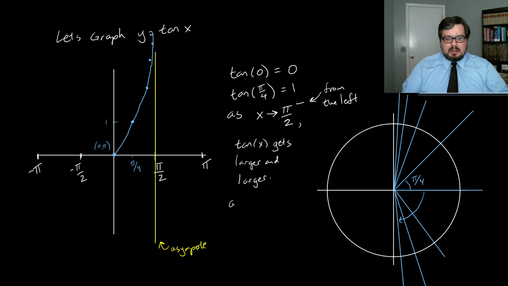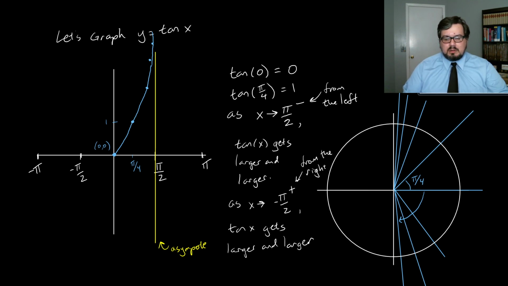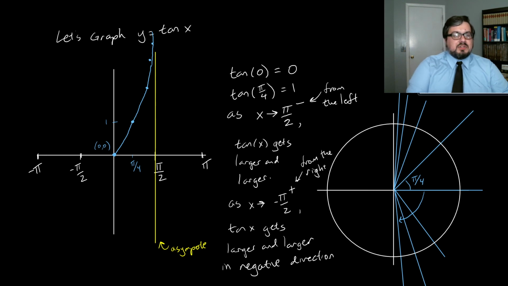So as x approaches negative pi over 2, this time from the right, tangent of x gets larger and larger in the negative direction. And so what this means is that we have another asymptote over here at negative pi over 2.